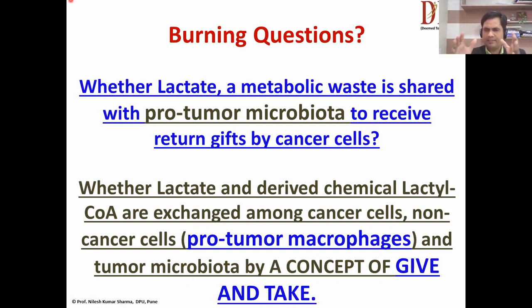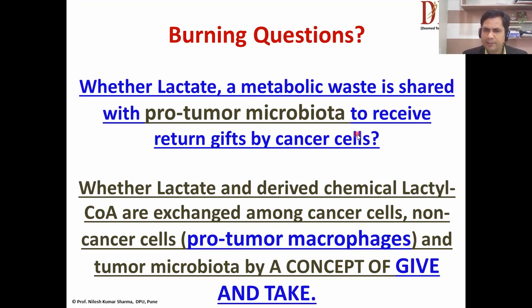give and take? The cancer cells generate a lot of lactate as a waste, but ultimately this lactate is used in a process of give and take. Cancer cells give lactate, microbiotas and macrophages turn it into lactyl CoA, and then finally cancer cells get a return gift in the form of various chemical signals from the pro-tumor macrophages for growth and proliferation.